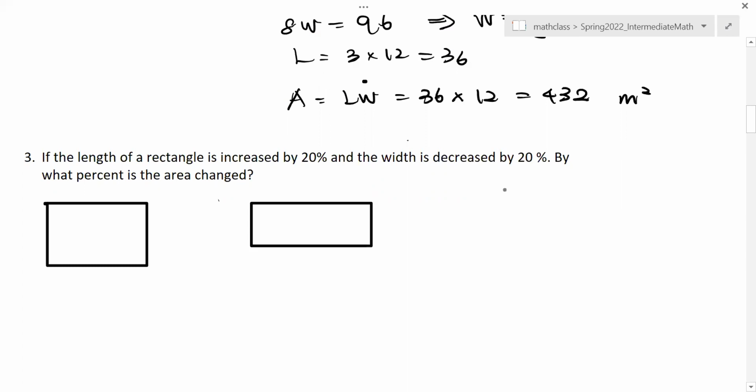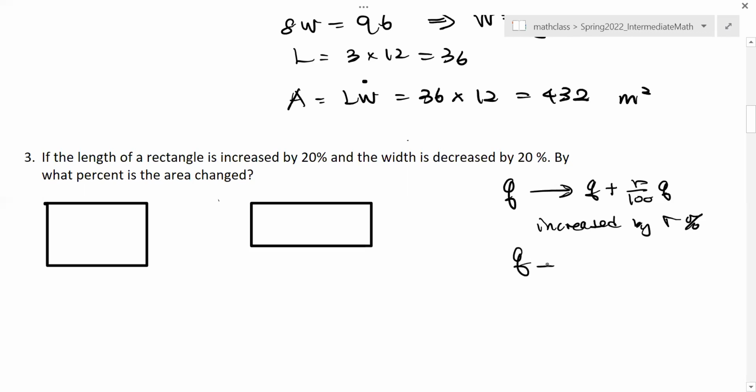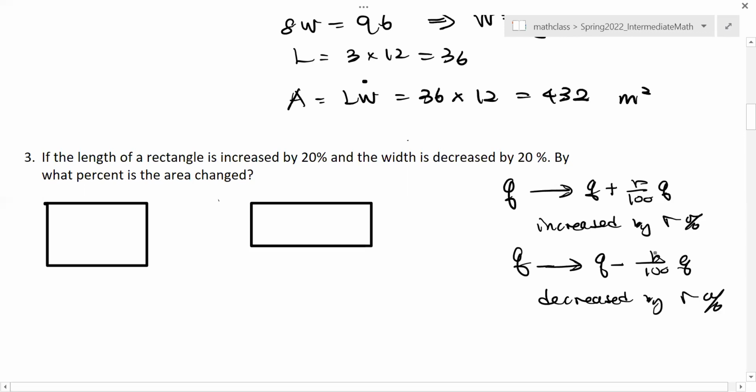If you have a quantity Q, and it's increased by R%, it means Q plus R over 100 times Q. That is increased by R%. And if it's Q minus R over 100 times Q, that means decreased by R%. That is a formula, or definition, that we should know.